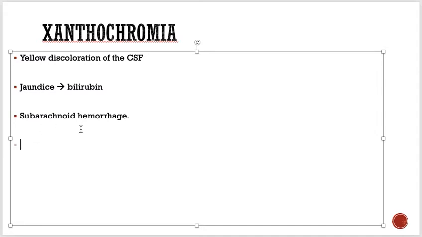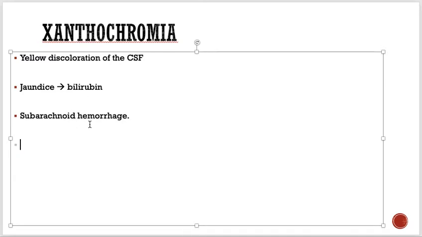So what happens in subarachnoid hemorrhage? Basically, there is a hemorrhage in the subarachnoid space, so the CSF contains blood. Now, guys, where does the bilirubin come from? The bilirubin comes from the breakdown of the RBCs.